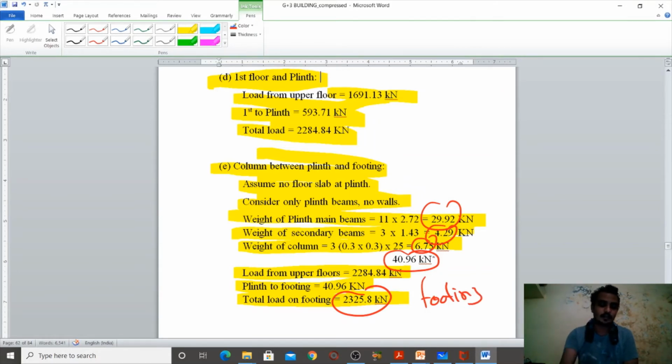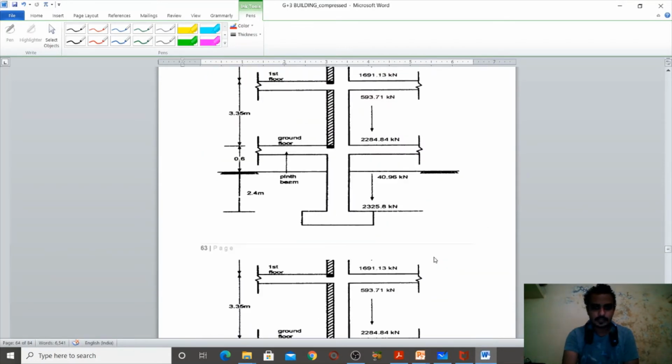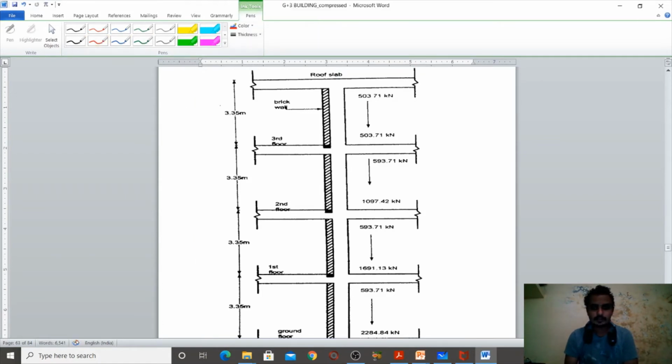But right now we have to design a column. Let's check. Here is the load mechanism. Look here: 593.71 transfers here. Then 593.71 transfers here. So total load is 1097.42.